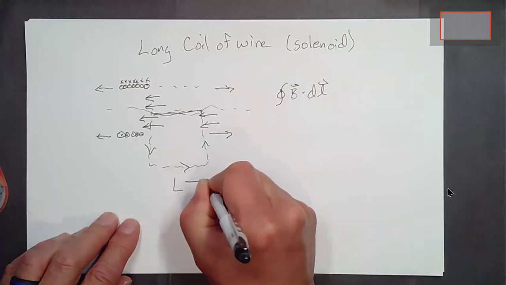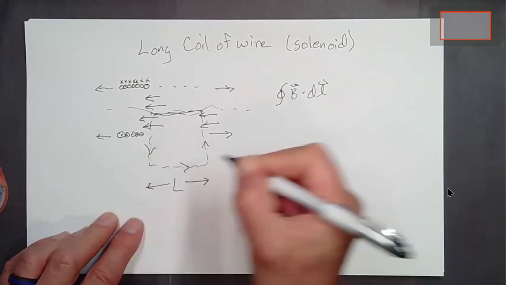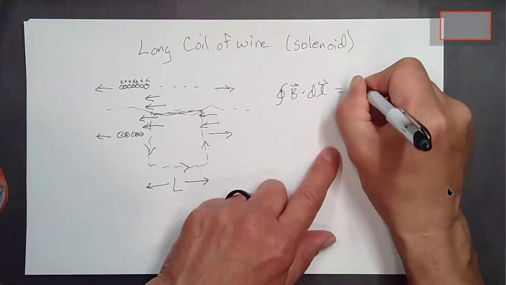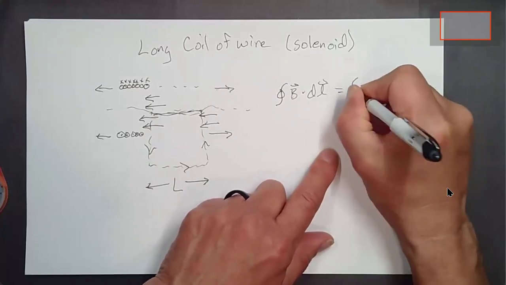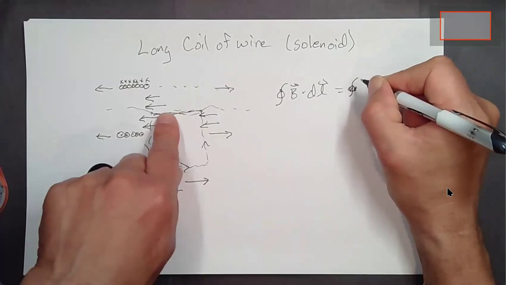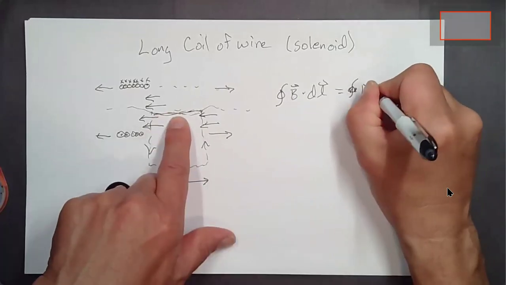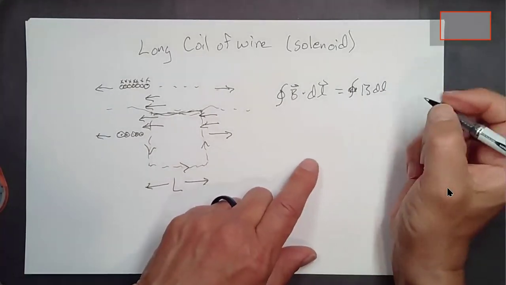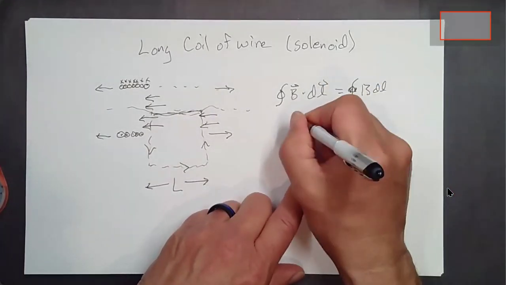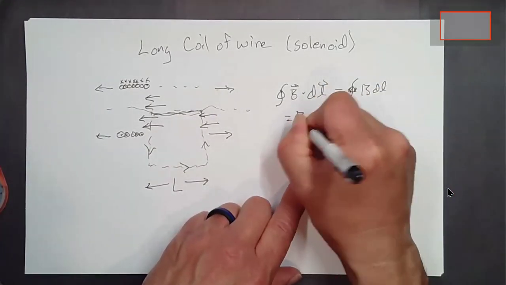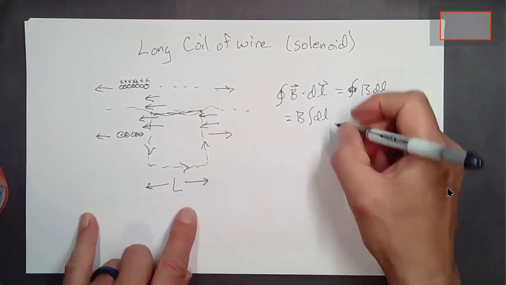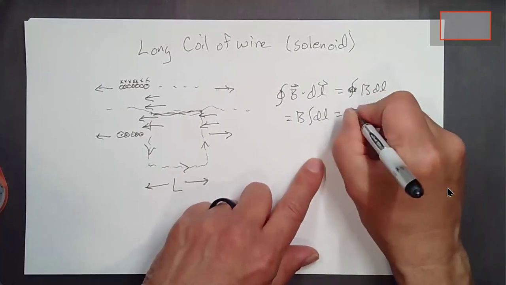So let's call this length L. And this ends up becoming, whoops, now it's just the integral along this one part of B dl. You expect B to be constant there, and so you pull that out. So it's going to be B times the integral of dl over a length L, which is just going to be B times L.